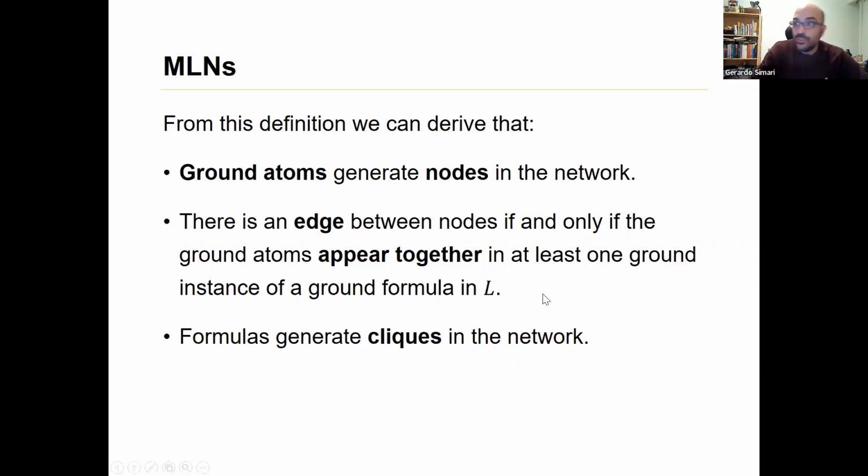And there's an edge between nodes if and only if the ground atoms appear together in at least one ground instance of a formula in the MLN. This is because of the way it's built. Because of this, formulas generate cliques in the network, because each time they appear together there's an edge, and you can work out the example, as we will do in a second, and you'll get a whole clique. Remember, cliques are associated with features, and the features with the formulas themselves. So there's a very nice one-to-one correspondence between these structures.